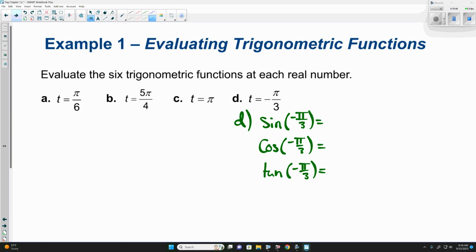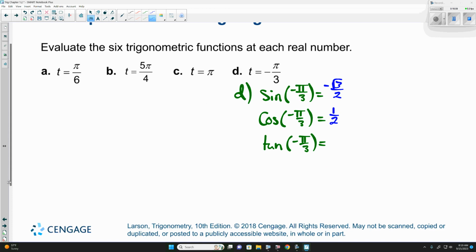So that means all the values for sine and cosine at pi over 3 still hold true. So for sine, it's negative square root 3 over 2. For cosine, we have 1/2. Now tangent's going to be sine over cosine. So for this here, we'd have negative square root 3 over 2 over 1/2.